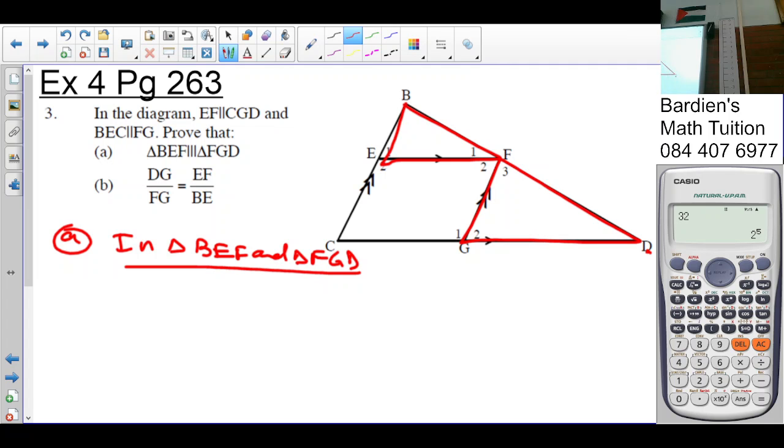Right, so what can we say here? E1 is equal to which angle? Equal to angle C. Not so? And angle C is equal to which angle? G2. So they already have one angle. Okay? We need another one.